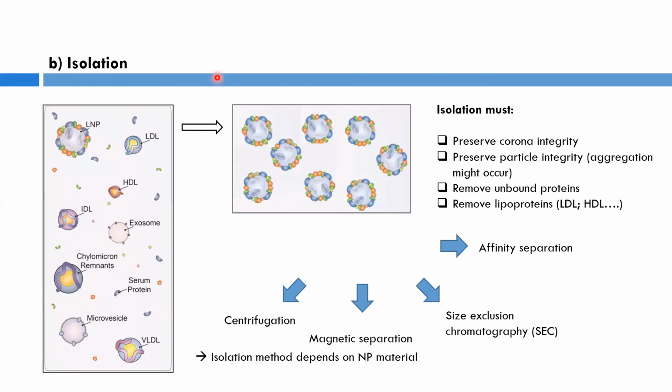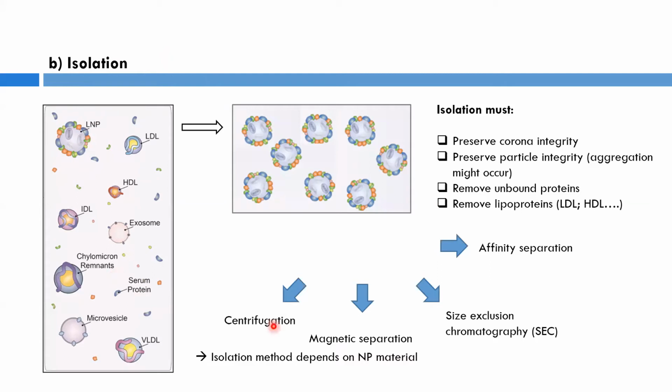After incubation, LNP corona complexes need to be isolated from the dispersion components. In this case, we are talking about blood. And this isolation must, at the same time, preserve the corona and particle integrity and remove all these unbound proteins and lipoproteins present in the biological fluids.